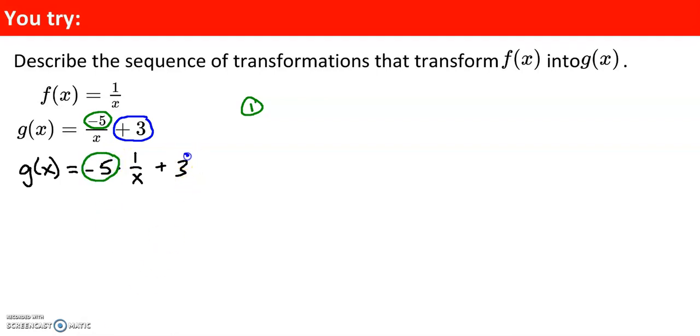I do, because I think it makes it clearer to tell exactly what that negative 5 does. Written this way, that is negative 5 times the original function itself, which tells me that we're affecting the y values. We're going to multiply each y value by negative 5.